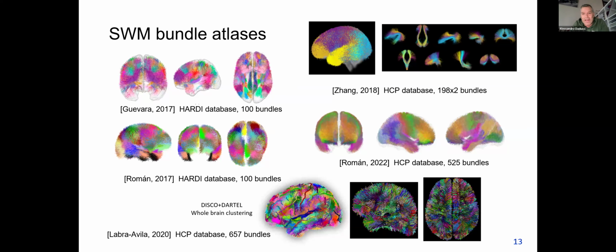So I have a question for Pamela. Which of these atlases are open to your knowledge? I think at least these 4 atlases are open. This last one I don't know, but the others, yes, they are open.